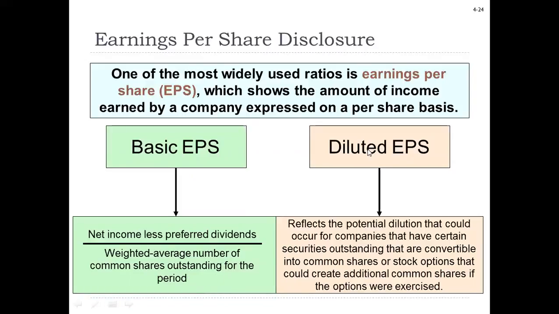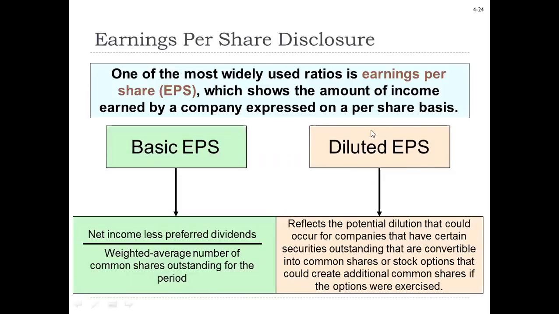This concept of diluted earnings per share deals with investments or bonds that have the option of being converted to common stock by the holder. So the bondholder, for example, has a right to change their bond into common stock if they want.